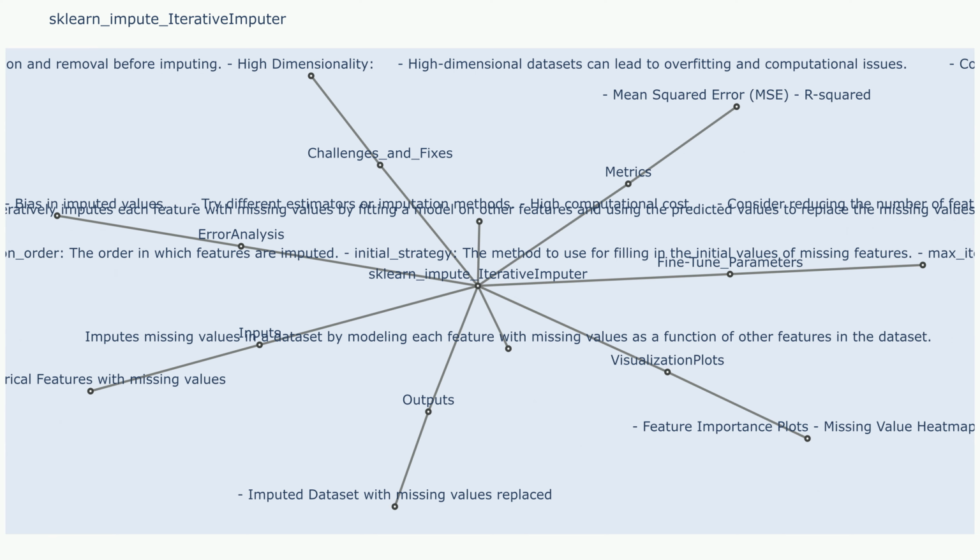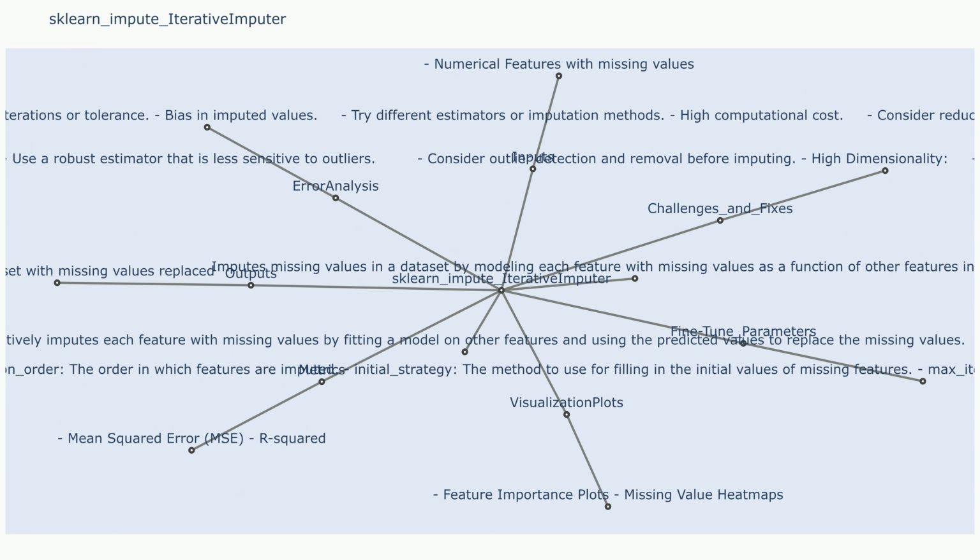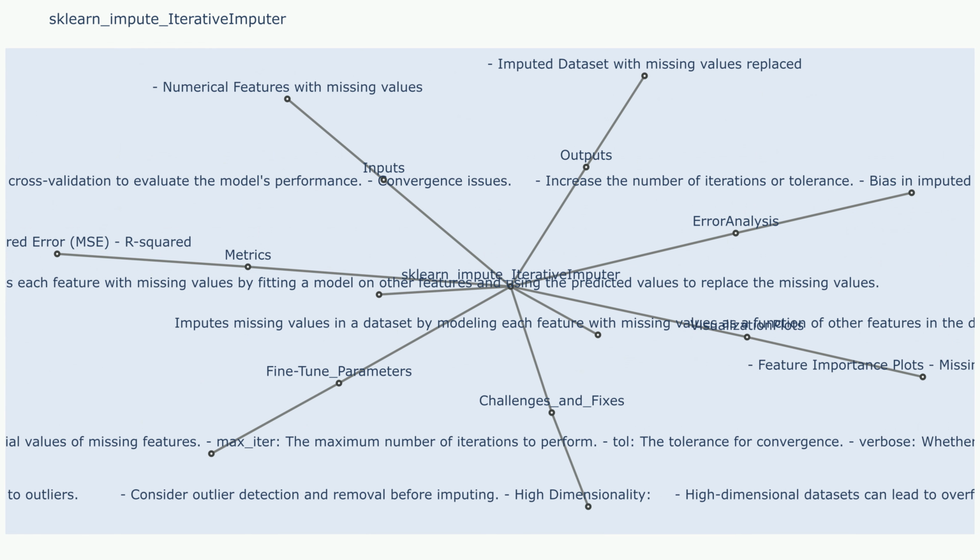Adding regularization techniques like L1 or L2 penalties to the estimator can help prevent overfitting. Early stopping. Implementing early stopping during the training process can prevent the estimator from learning too much from the training data. Cross-validation. Using cross-validation to evaluate the performance of the imputation model on unseen data can help identify overfitting.